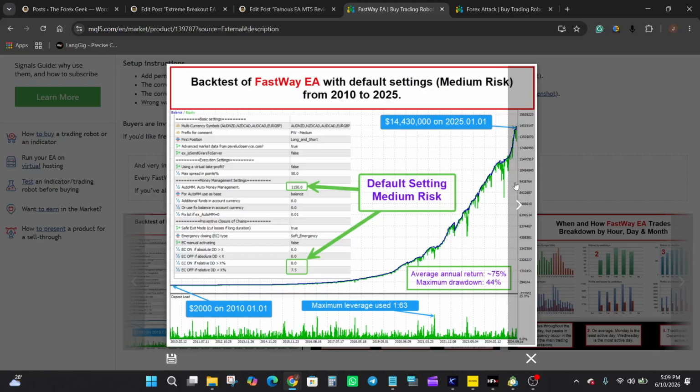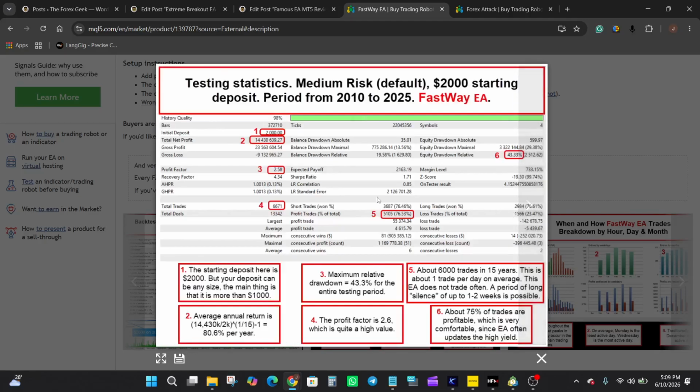Okay, let us see. So from an initial deposit of $2,000, total net profit was over $14.4 million. Total trades taken 6,671. And we can see that short trades were 3,687 with a 76.46% win rate.